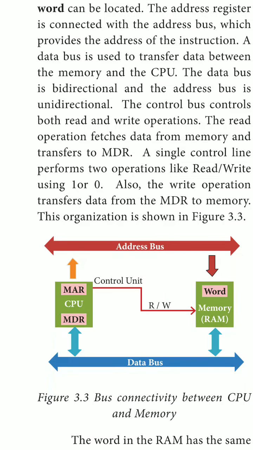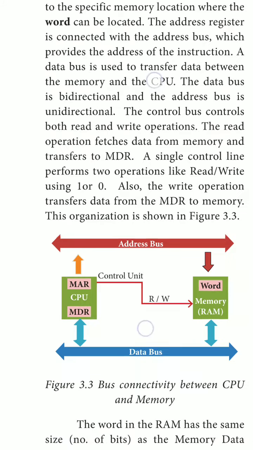Read means that at the particular address the data will be read. Write means that at the particular address the data will be stored. So this is the working of the buses' connectivity between CPU and memory.